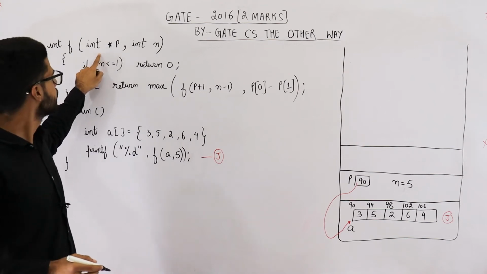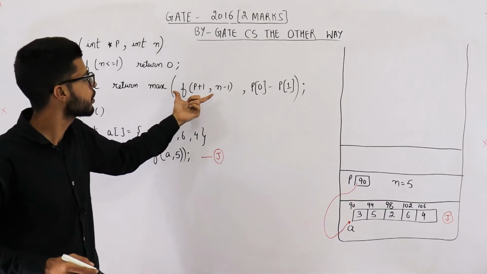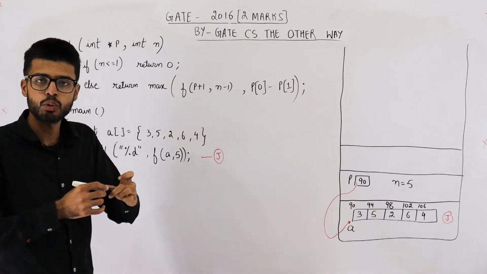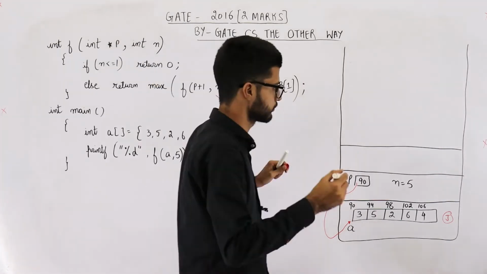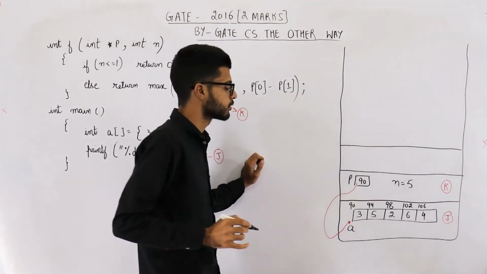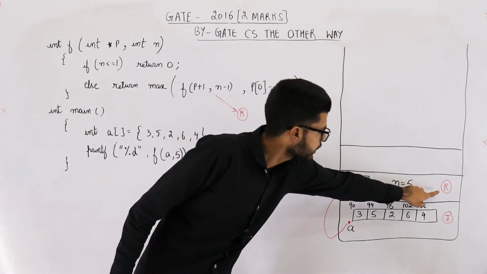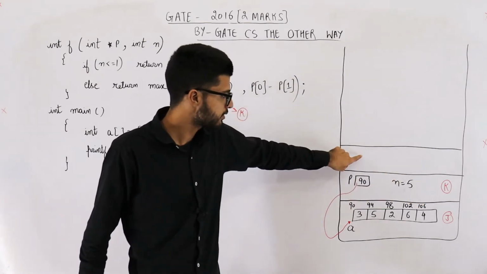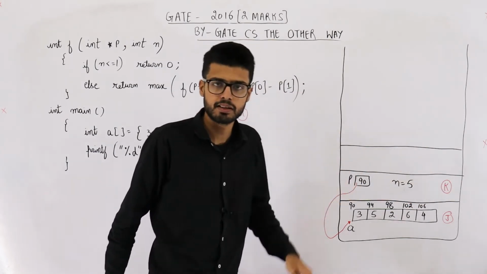That means again this function will be called at this line only. So let us call this point as point number k. I am labeling it as k. So have a look. This function called this one at line number k. That means when this new function ends, we will come back in this function and we have to resume from line number k only.